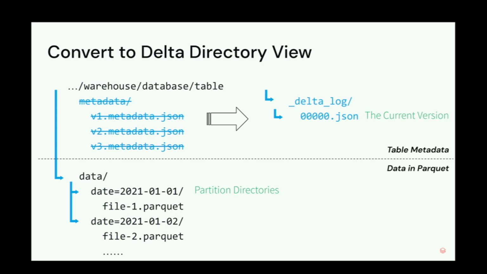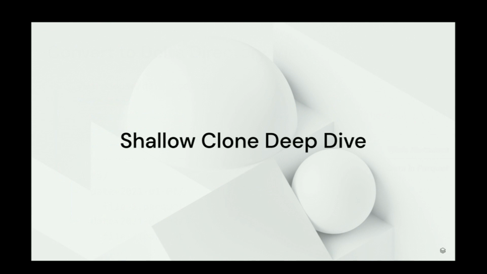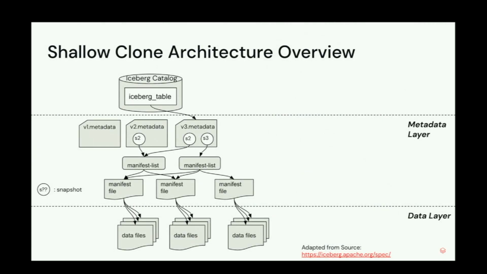Okay. This is the convert to Delta under the hood. And let's look at the shallow clone under the hood. Again, it's a very familiar structure with the Iceberg layout. And on the top, there's an Iceberg catalog. And this catalog is actually the Spark catalog, not the user-facing catalog here.